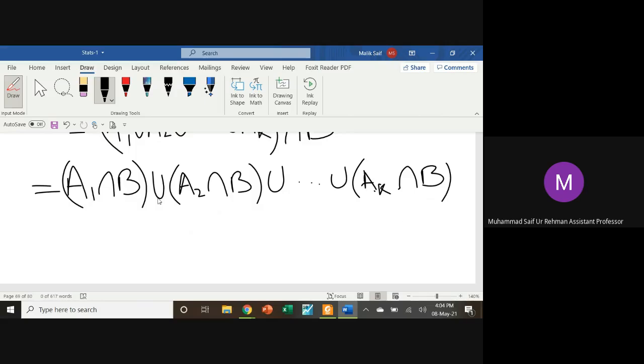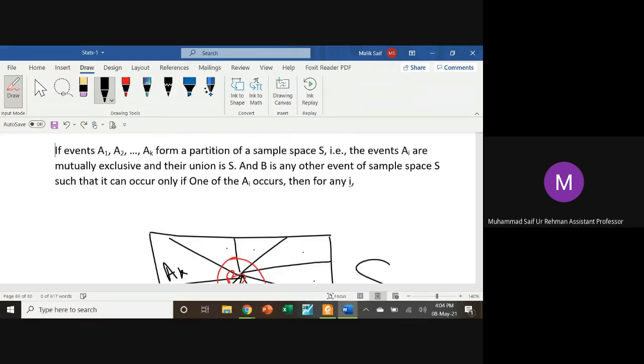Union means addition. So you can write it down as A1 intersection B, and instead of writing union, you may write down plus, or instead of writing plus, better would be if you take probabilities first. So let me take probabilities first.